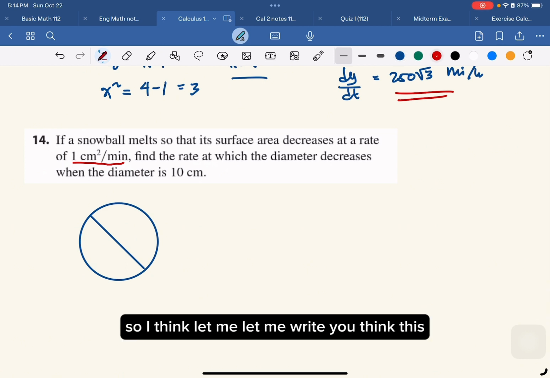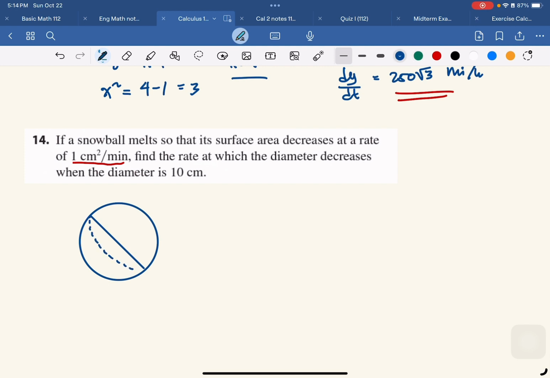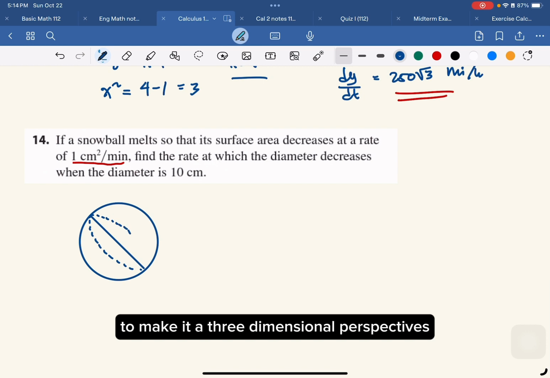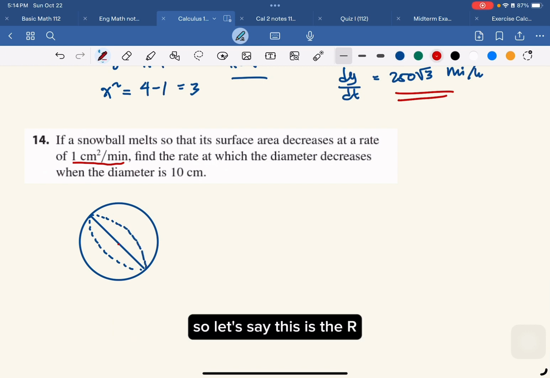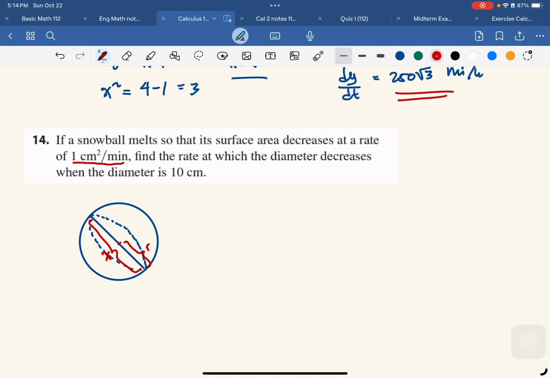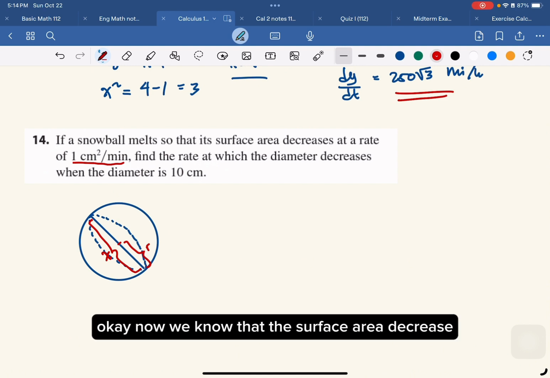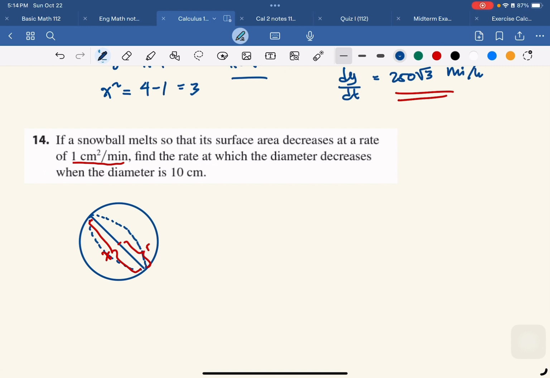So let me write this to make it a three-dimensional perspective. Let's say this is the r, this is, let's say, variable x. Now we know that the surface area decreases. Let's say its surface area is s, and this is decreasing at the rate.